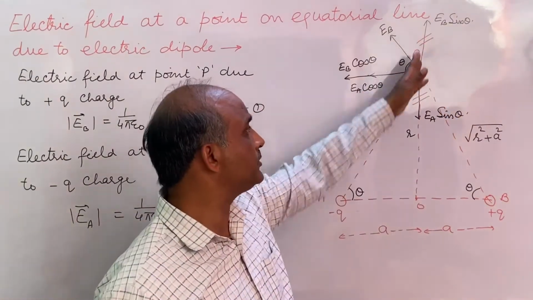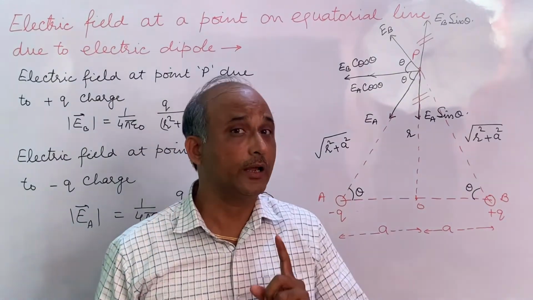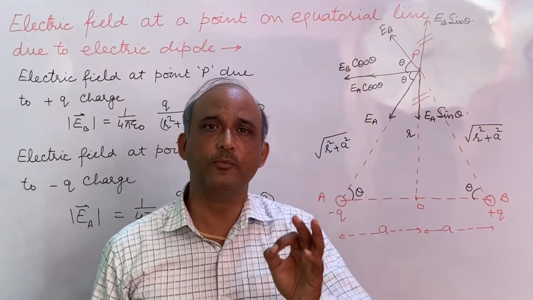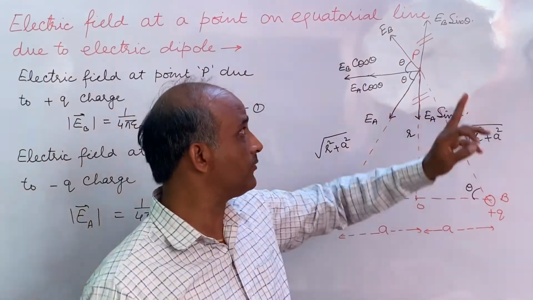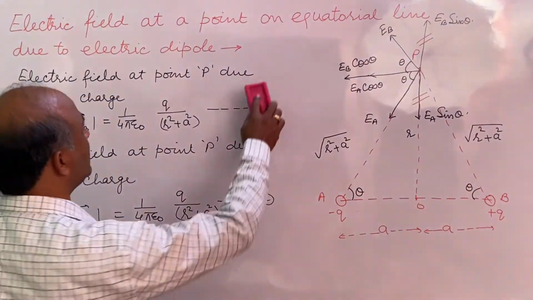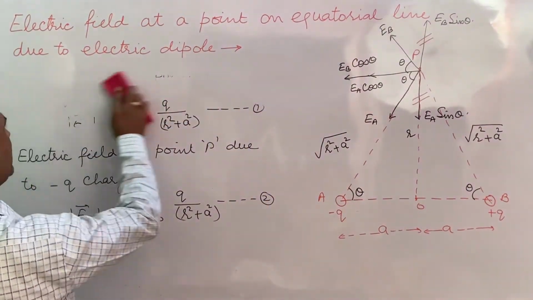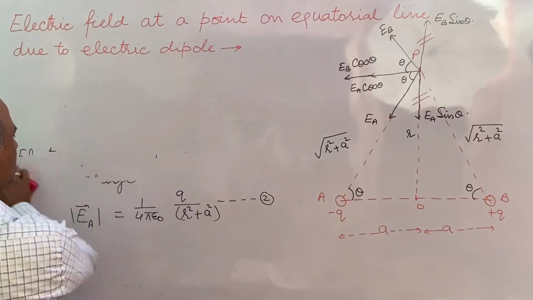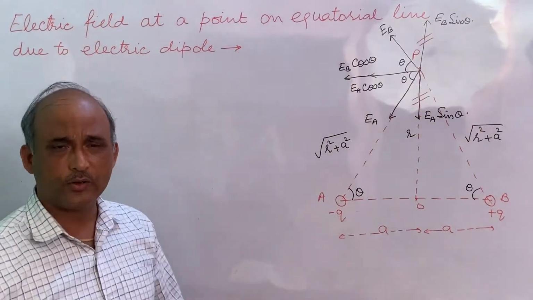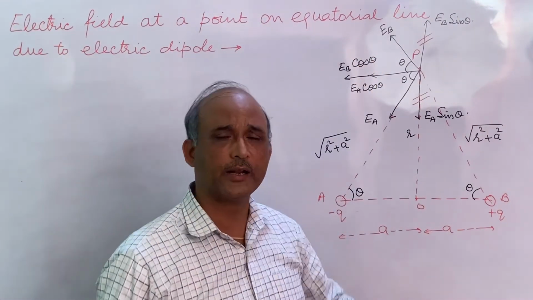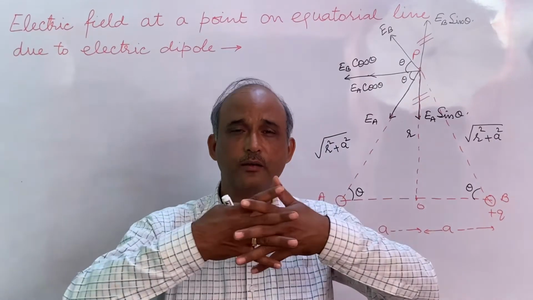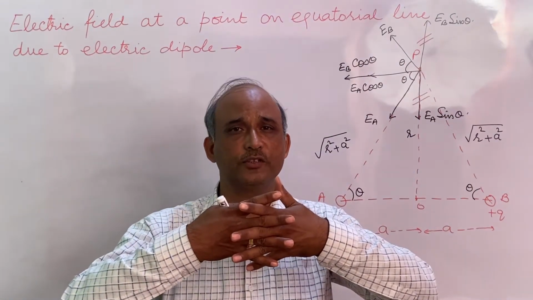Hence, only the horizontal components will contribute to the net electric field at point P. These two components are acting in the same direction, so the net electric field will be the summation of these two.